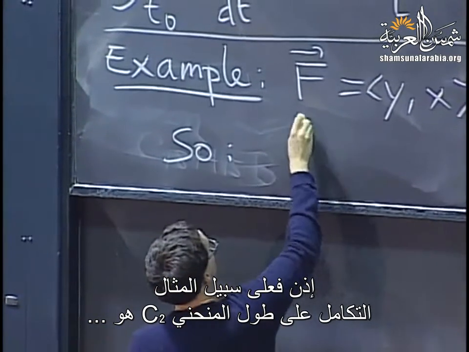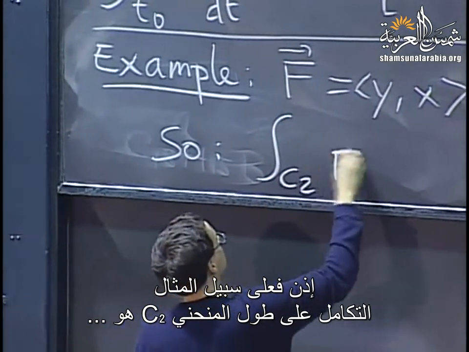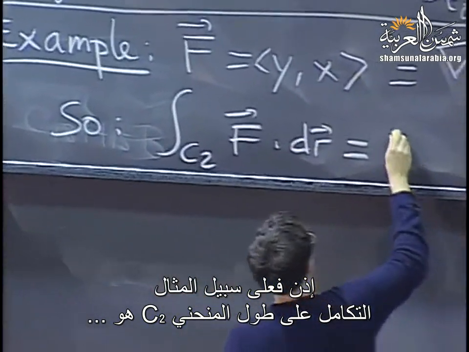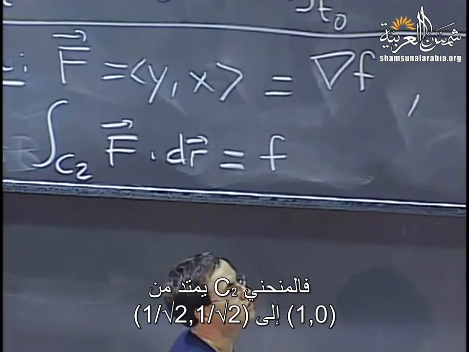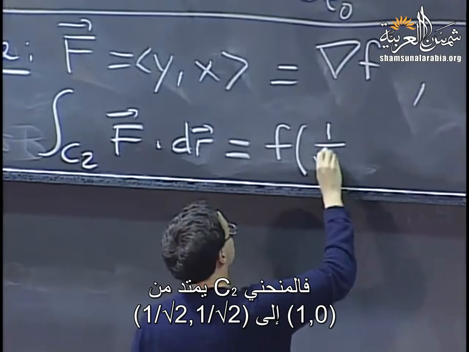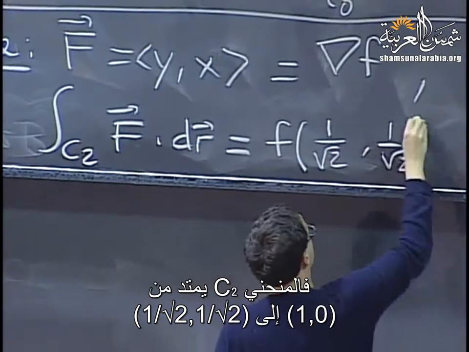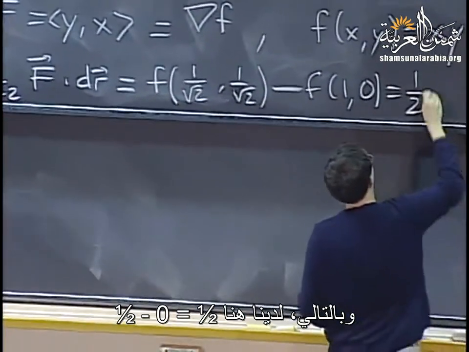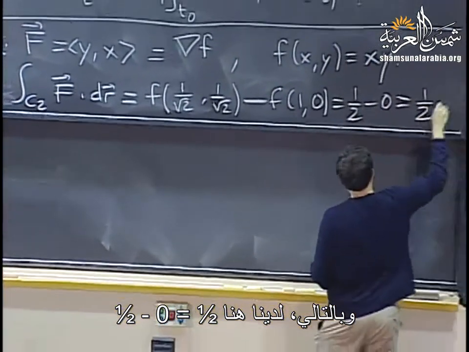So for example, the integral along C2 is actually just, so C2 goes from (1, 0) to (1/root 2, 1/root 2). So that's 1/2 minus 0, and that's 1/2.